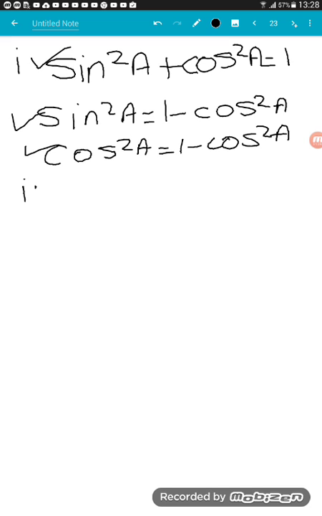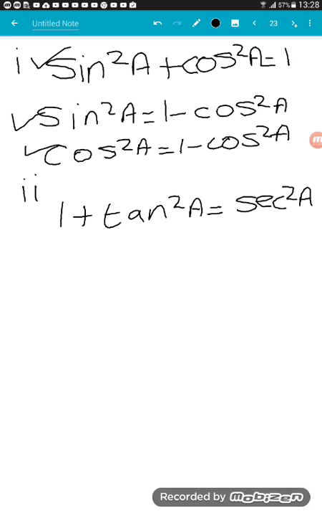Now the second identity is 1 plus tan square a equal to sec square a.